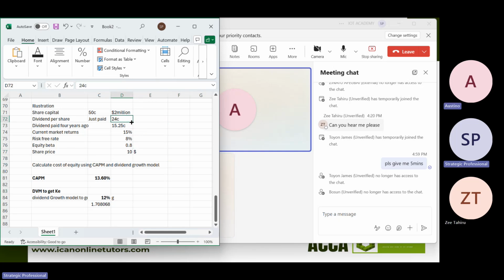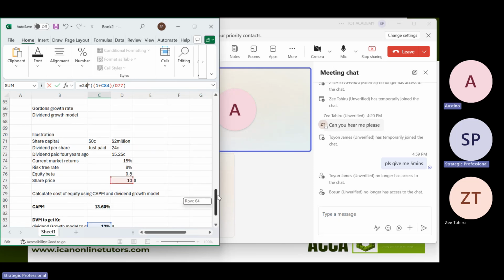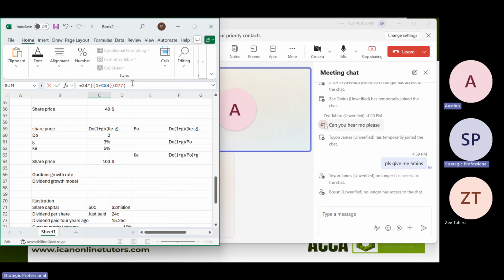All right, let's see how that goes. Let's work with 24. So if we are working with 24: 1 plus G, where G is your growth, divided by the share price, plus your G. I'll make it 0.24 instead of 24.